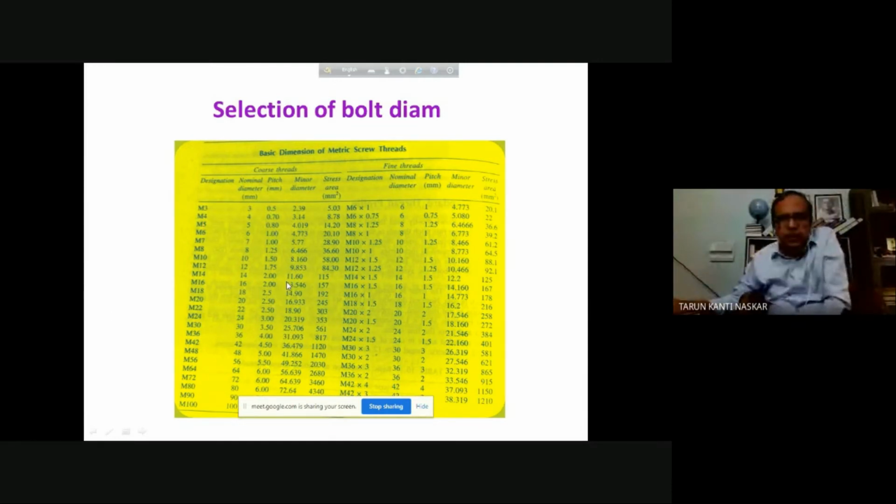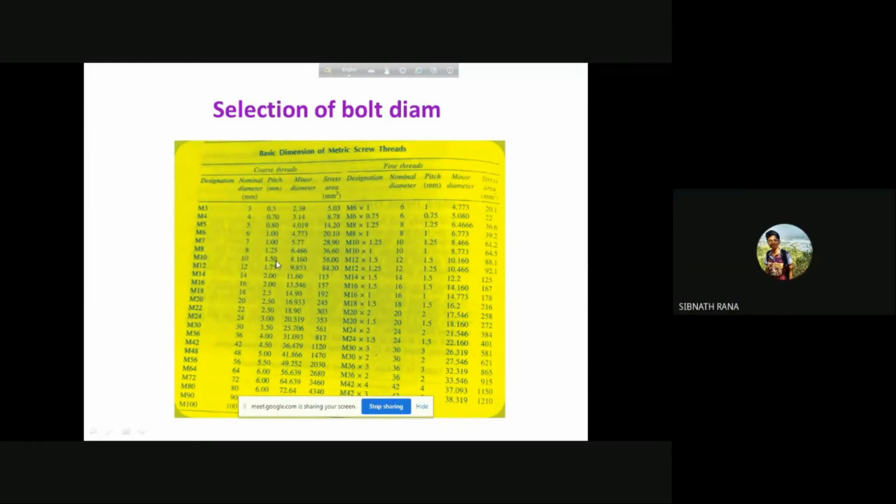So you see that is the minor diameter. This minor diameter you have found out, and that is equal to 8 point something. So corresponding to these 8.16 you get M10. So M10 and the pitch is 1.5. Can you see it? Can you see the table? Yes sir.